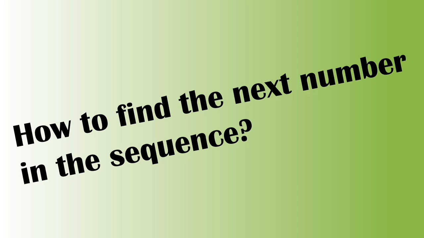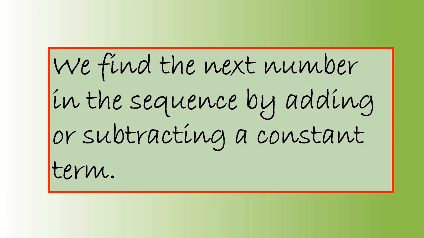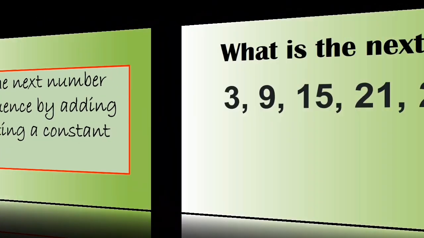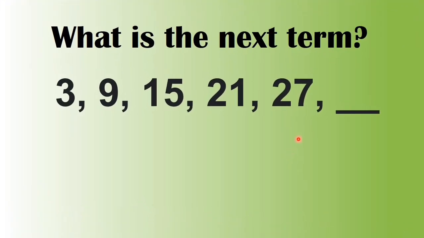How to find the next number in the sequence? We find the next number in the sequence by adding or subtracting a constant term. What is the next term?